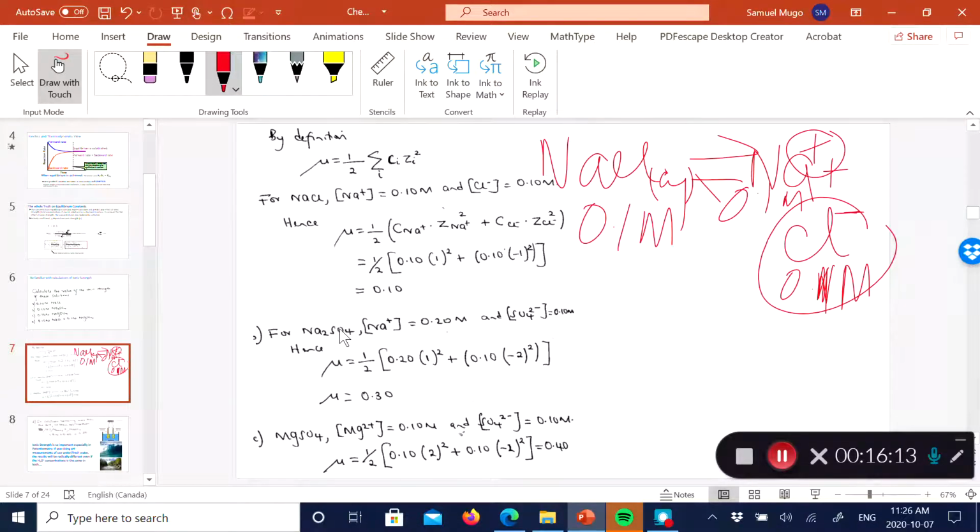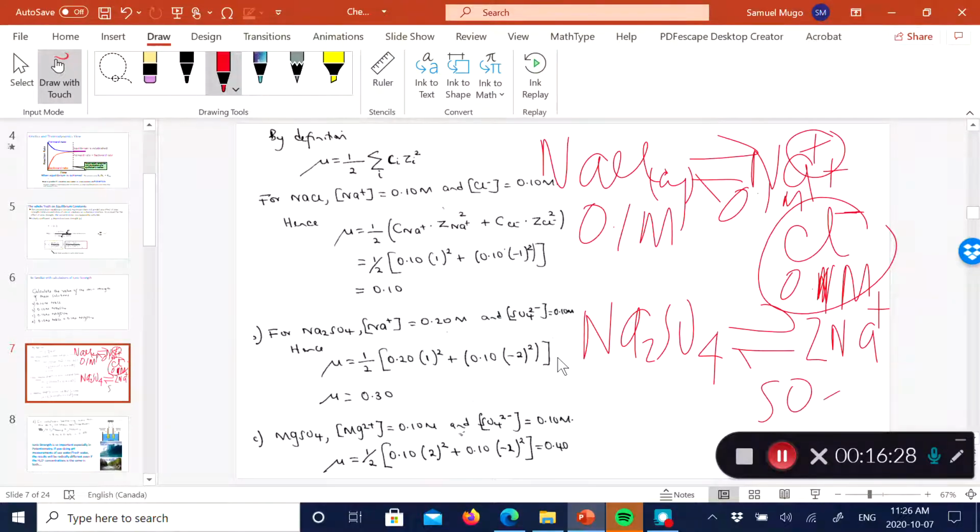So same thing with sodium sulfate. We know for 1 mole of sodium sulfate, I'm getting 2 moles of sodium ions and 1 mole of sulfate. So again, I substitute in my ionic strength calculation a half, and then the summation of the sodium ions. In this case, the concentration is 0.2, because for 1 mole of sodium sulfate, I get 2 moles of sodium ions.